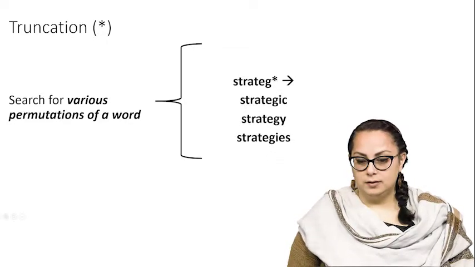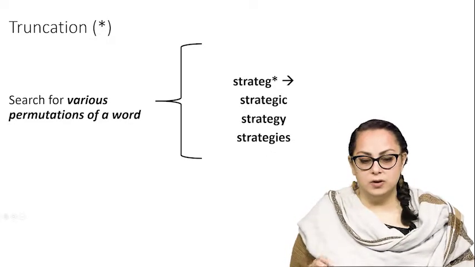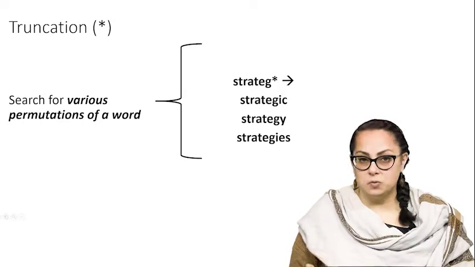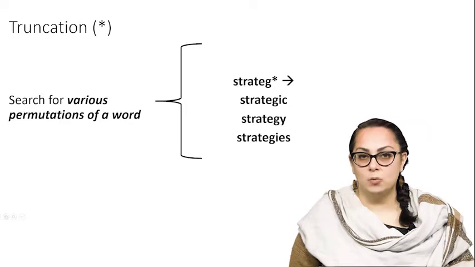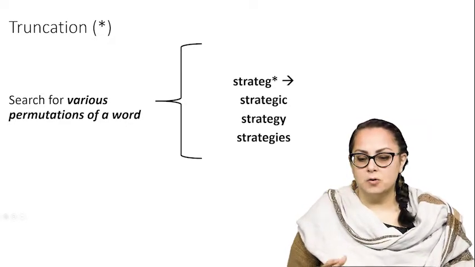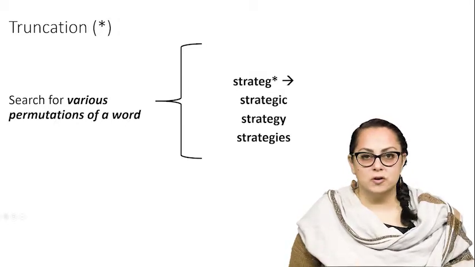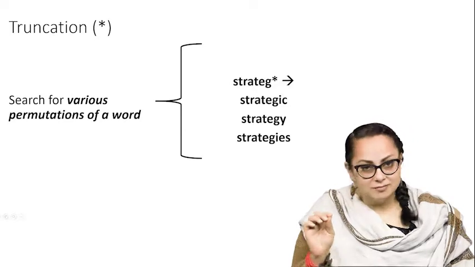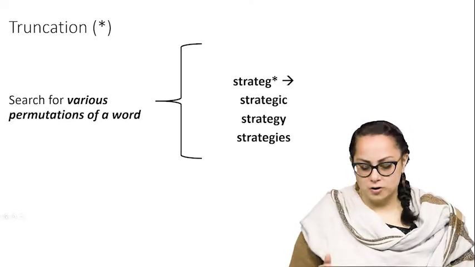By using truncation with the asterisk, in some databases it might be an exclamation point, you should check with the database to see what they use, but typically it's an asterisk. This will make your search more efficient. You don't have to type in every single word. You can just put strateg with an asterisk, and that will cover all your bases.